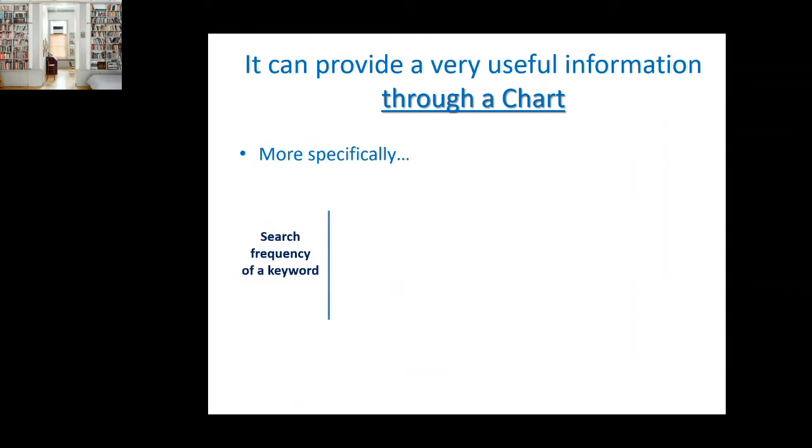This is not an exact number of searches, but it gives an indication of how popular a keyword has been on the Google search engine. The other axis represents time, so over the timeline we can see how a keyword has been searched in terms of frequency and popularity.